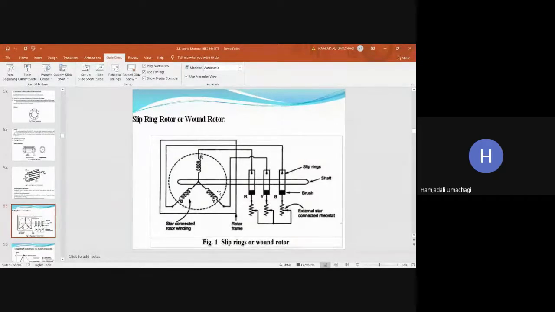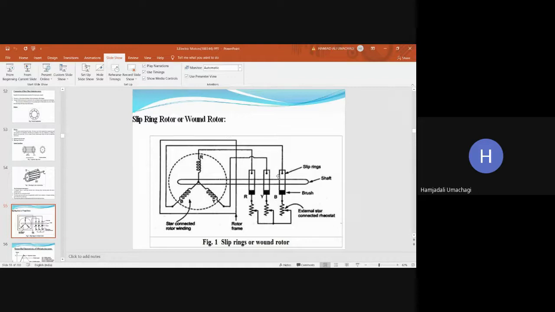Rotating member means the induction motor rotor, which will be rotating, and if I want to connect its output to the external load which is static, then it is not possible to connect the rotating part to the static part. The static part is the external load, whereas the rotating part is the rotor of the induction motor. So how to give the connection between a rotating member and the static member? That is possible by making use of the slip ring brush assembly.